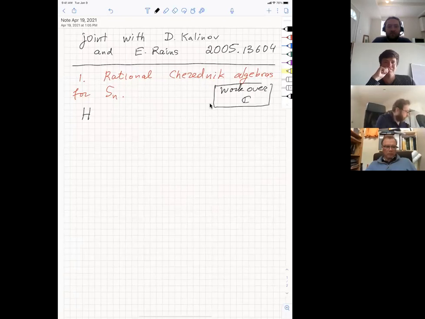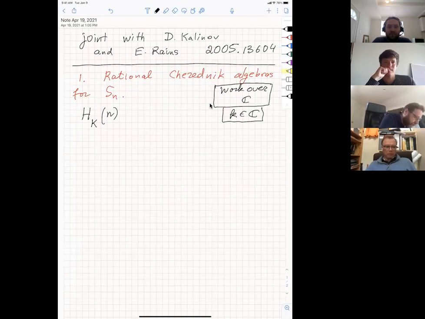So there is this very nice algebra, which I will denote by H_k(n). So k is going to be a parameter, a coupling constant. It will be related to the coupling constant in a quantum Calogero-Moser system.